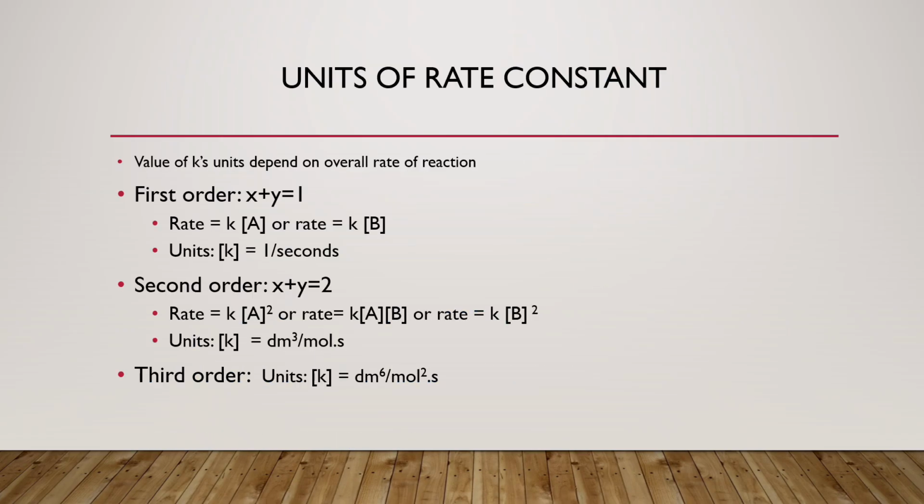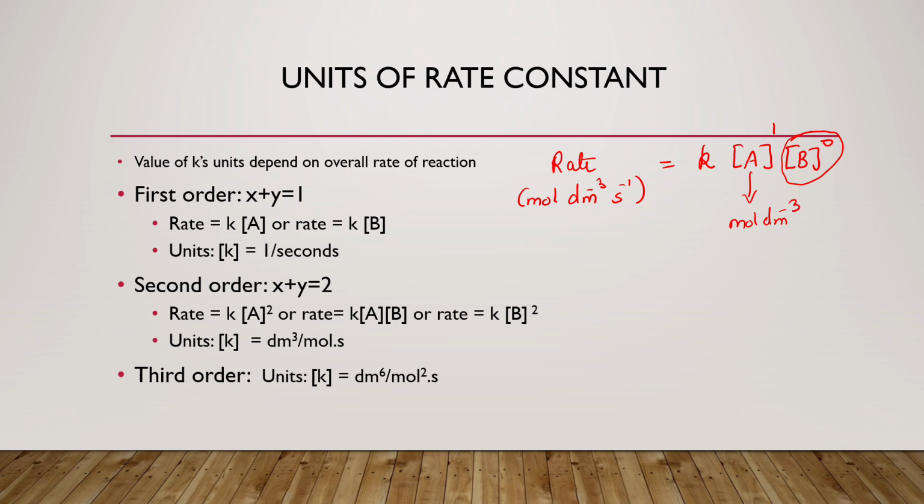So the rate constant doesn't necessarily have the same unit. Why? Because just imagine a reaction. Rate always has the units mol dm^-3 s^-1, right? And let's suppose you have a reaction where the molar concentration of A is raised to the power 1 and B is raised to the power 0. In this scenario, the B term won't have any unit, whereas because the molar concentration of A is raised to the power 1, the units here are mol dm^-3.